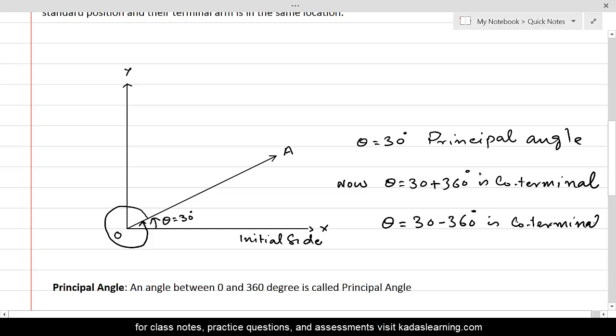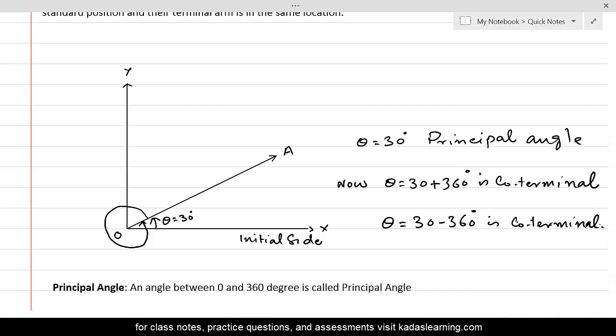So for any given principal angle, I mean the angle between 0 and 360 degrees, if you add 360 degrees or any multiple of 360 degrees, that angle is going to be exactly on the same location where originally that principal angle was, and hence is called coterminal.